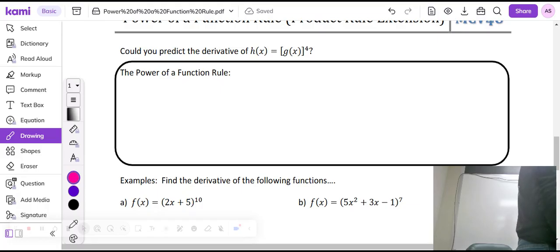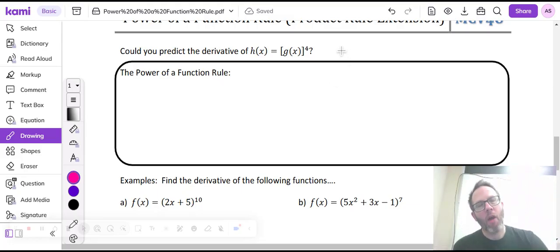Anybody want to share what their prediction is for the rule for a function to the power of 4? Sane, what do you think? 4 g of x cubed times g prime x. Yep, you got it. At this point, the pattern has kind of shown its head, and we don't need to do the product rule for 4 functions.